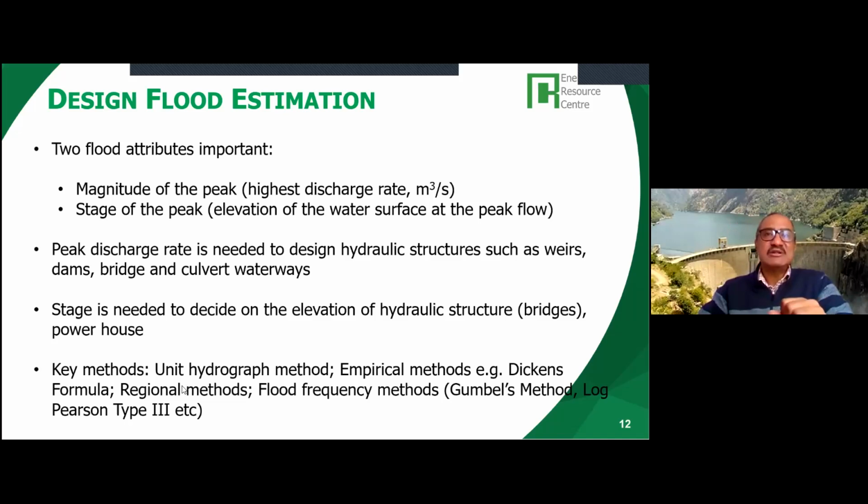Then the most commonly used, if you have long-term data, is what is known as the flood frequency methods. We use probability distribution functions. Examples are the Gumbel method, Log-Pearson type method, extreme value method, and other methods. Okay, so this is the design estimate.